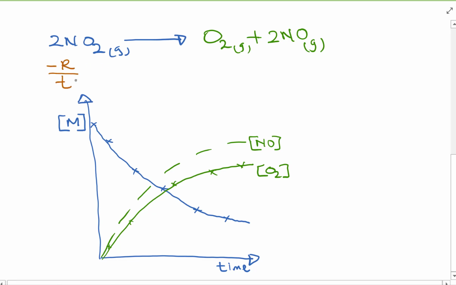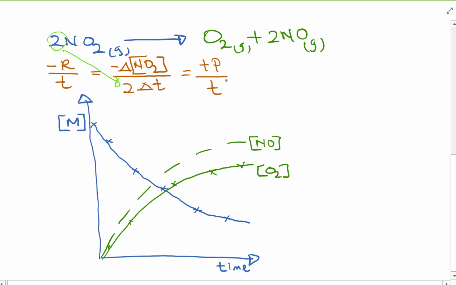Now we have the idea: losing reactants over time shows how fast the reaction is happening. So we can say minus delta NO2 over delta t. Delta is a change. This triangle is the capital Greek delta, so it means a change, losing something. If you lose NO2 over time, the 2 is the coefficient, and that gives the rate.